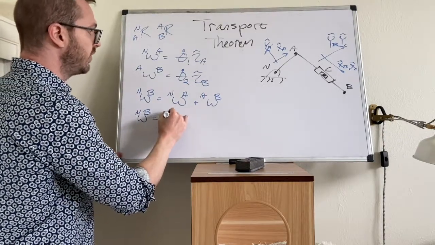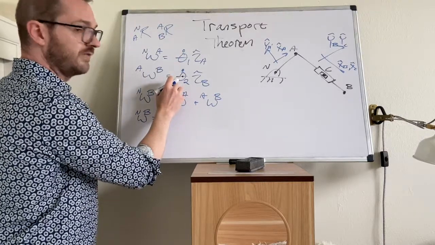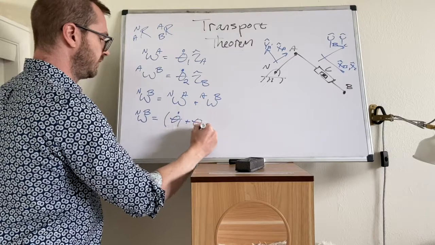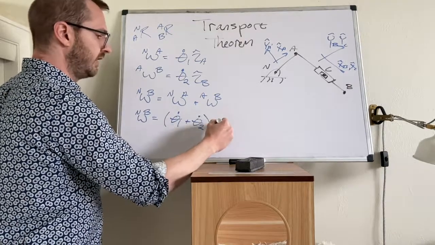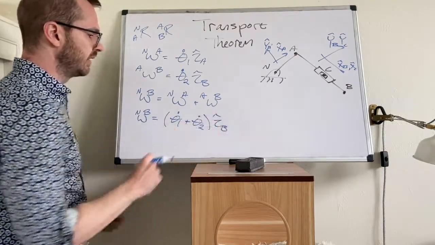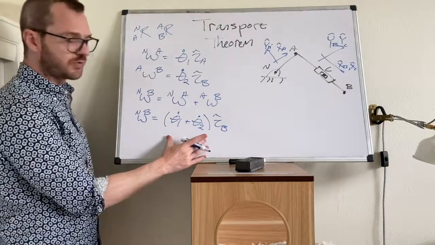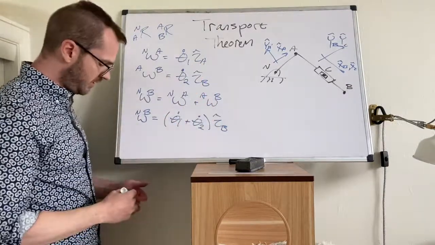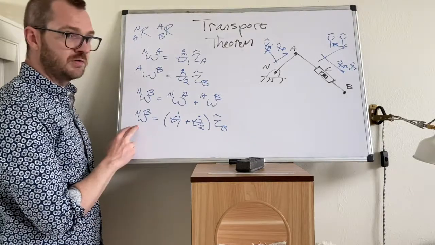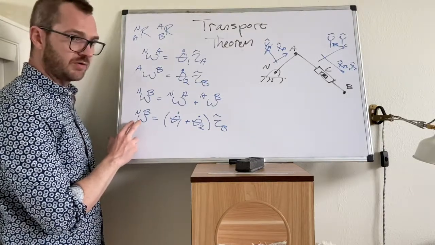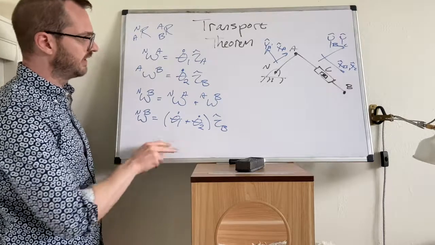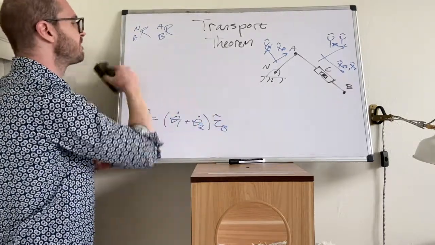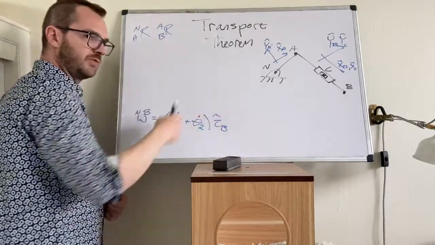Well, now it's theta 1 plus theta 2 dot in the Z, and we can say ZB. So I'm able to group these together because ZA and ZB are the same thing. We just add them together. All right, so if you're using relative angle, you end up with angular velocities that look like this. So how does this affect transport theorem? It's the same position vector we were working with earlier.